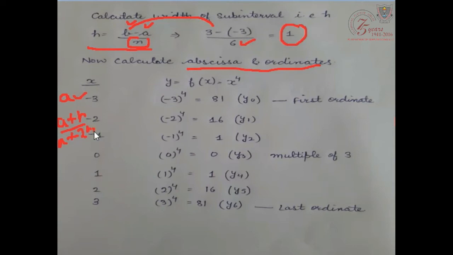Similarly, proceeding in this way, for the next term we will add 3h to a, for the next abscissa value we will add 4h to a, and for the next we will add 5h to a. Continuing this process and adding successive multiples of h to a, we ultimately come to the highest limit, that is the value of b.